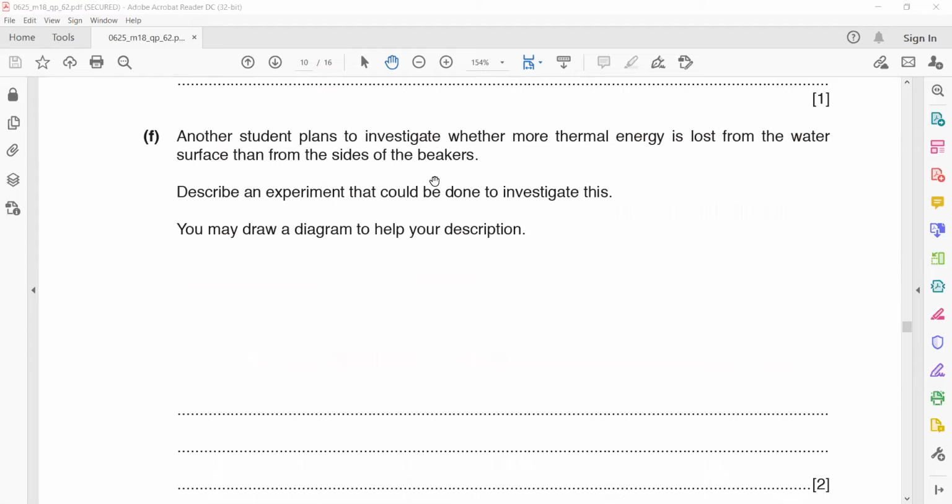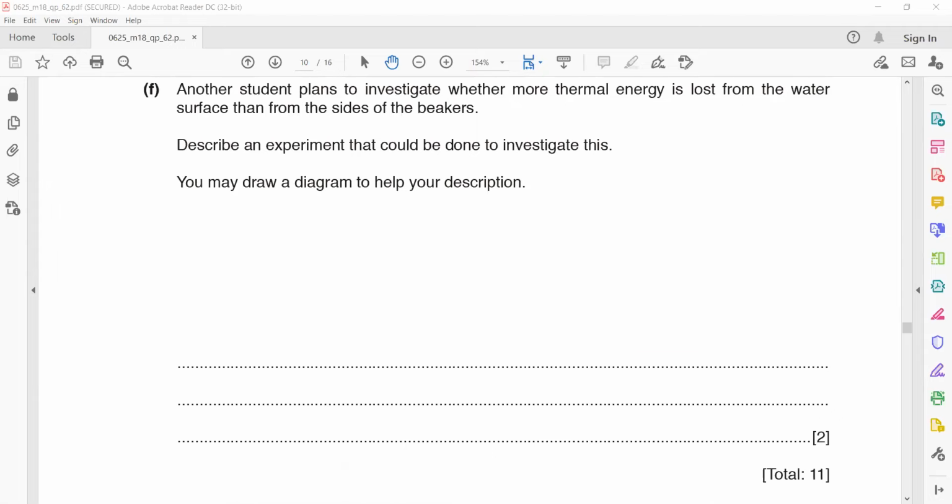Another student planned to investigate whether more thermal energy is lost from the water surface than from the side of the beaker. Describe an experiment that could be done to investigate. You may draw a diagram.